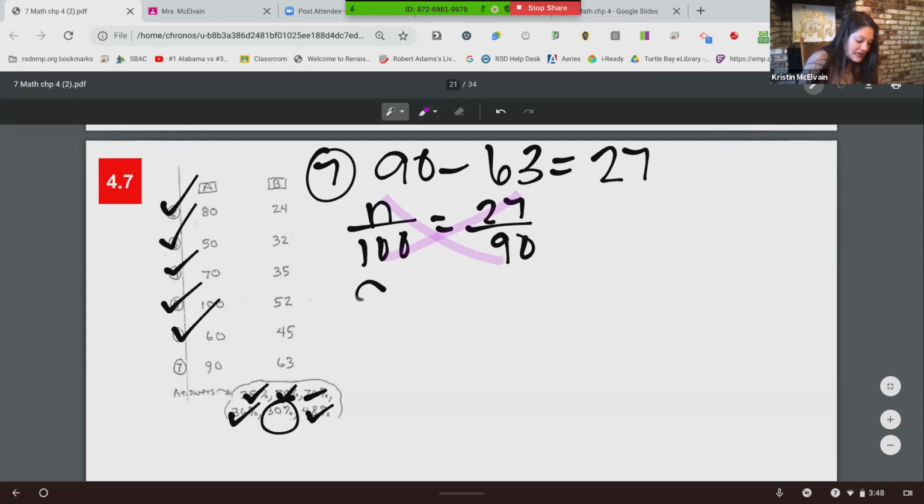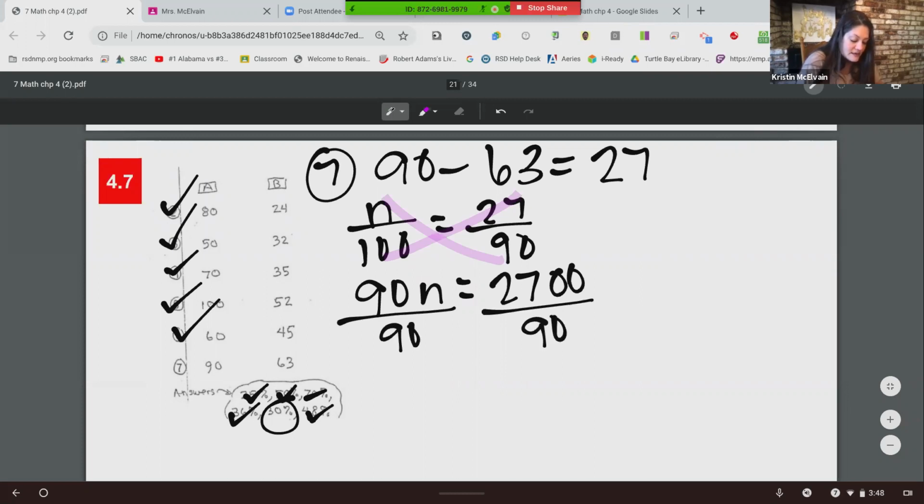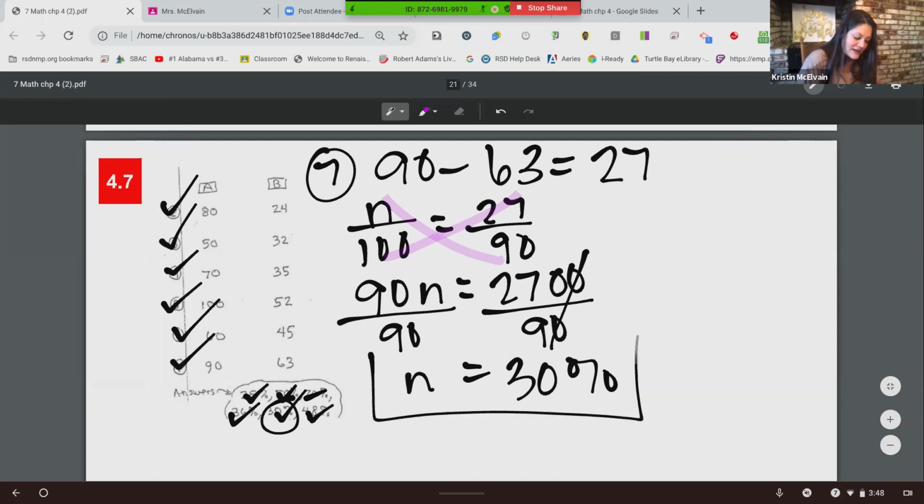That gives me 90n equals 27 times 100, which is 2,700 divided by 90. N equals, these cancel out, so I can do 270 divided by 9, which is 30. And of course, percent. Woohoo, we got it.